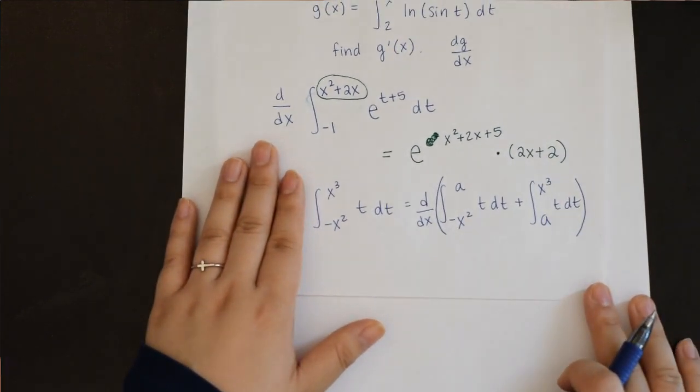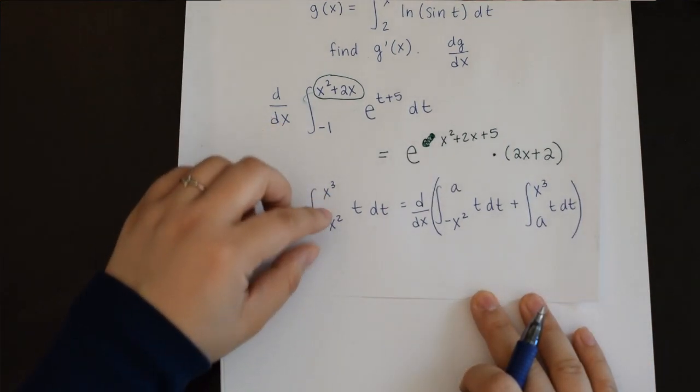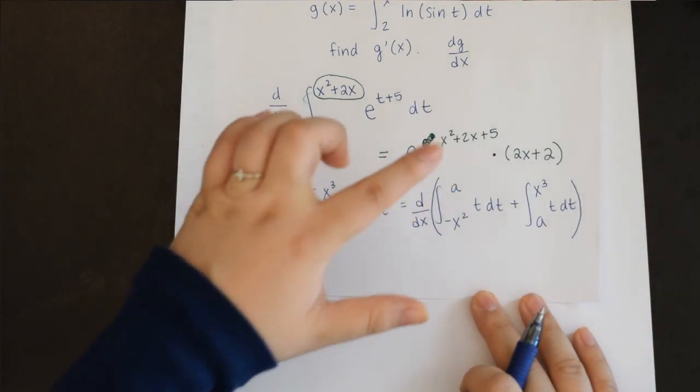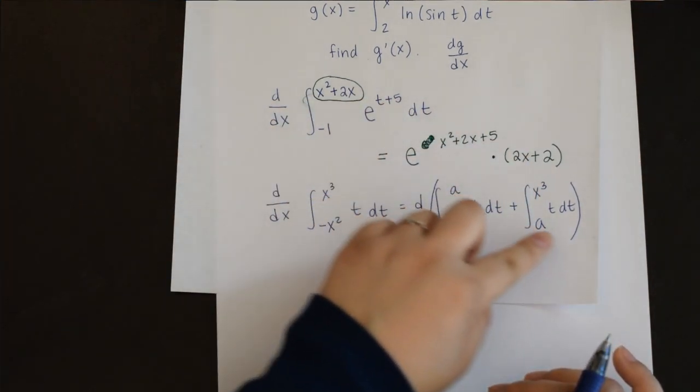And this is one of our properties of integrals, that I can break the bounds up from negative x squared to a of my function plus a to my top bound here.